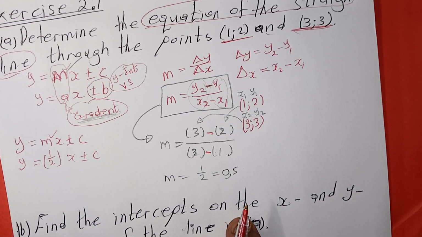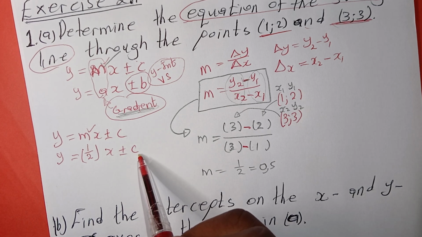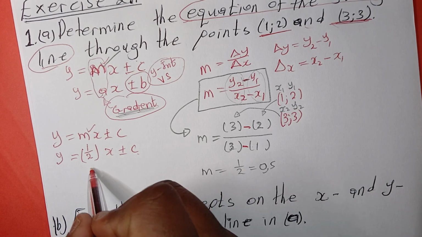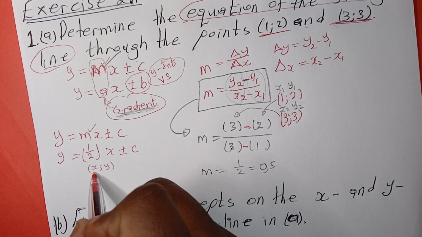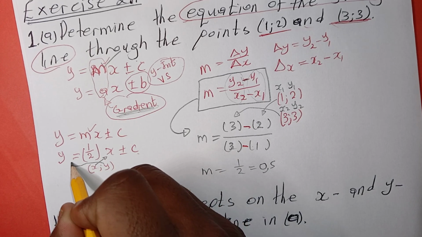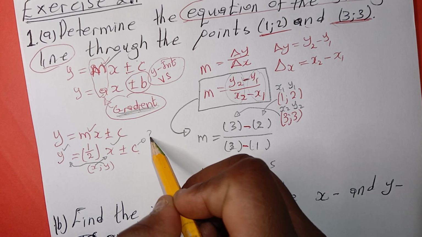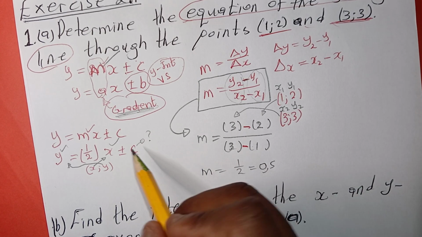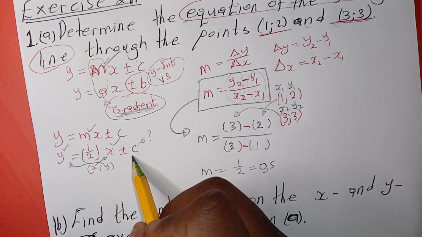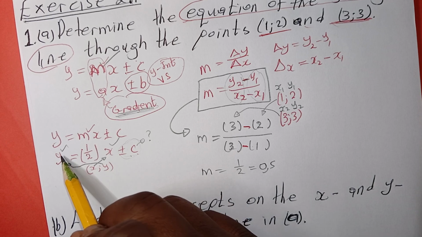To find the y-intercept, we must know a point, x and y, that we can substitute here. Once we know these values, we can solve this. Remember, guys, we must have only one unknown value in the equation. Here we'll have only one unknown, because the gradient we know.